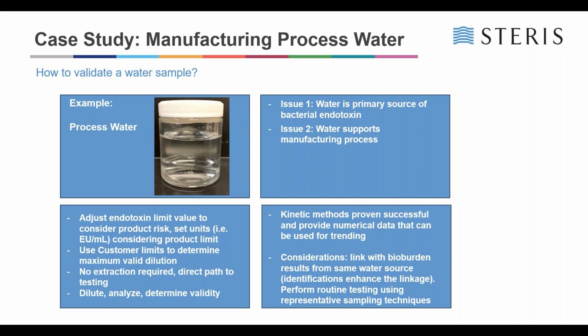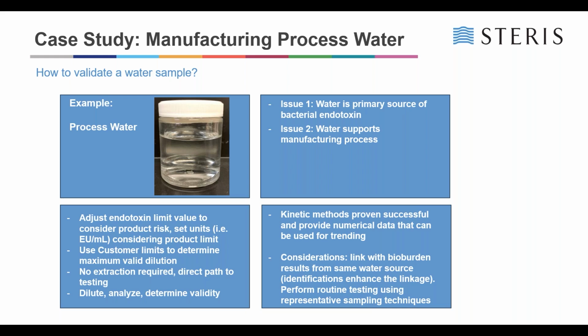Another consideration for process water is the bioburden of the water source. So if you're doing bacterial counts on the water, you can link this up to your endotoxin results and possibly look at further enhancement of that linkage by doing some identification work to understand exactly where those bioburdens are coming from.